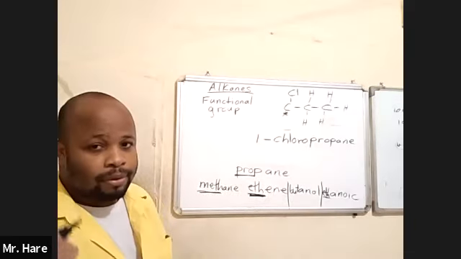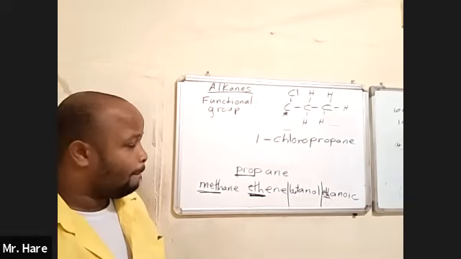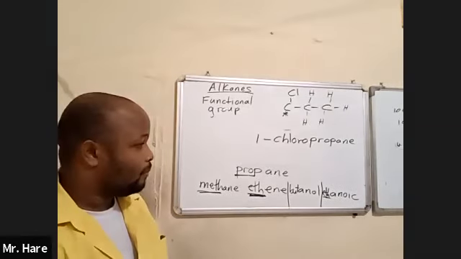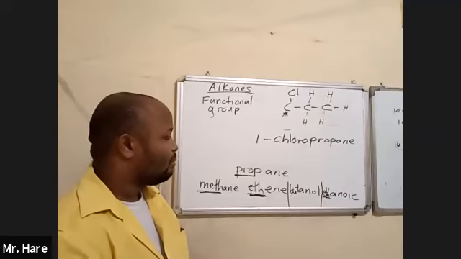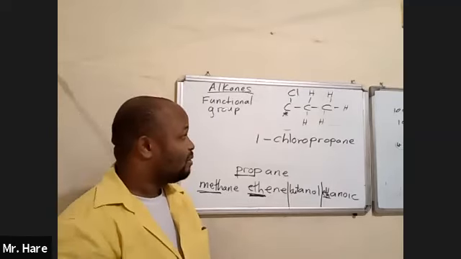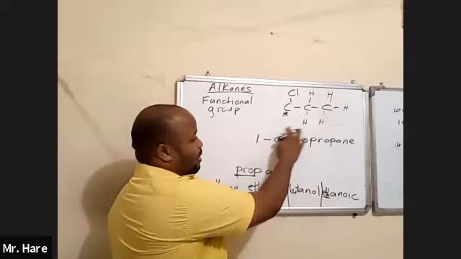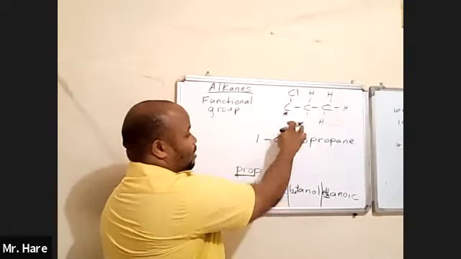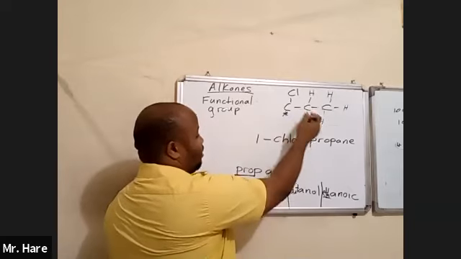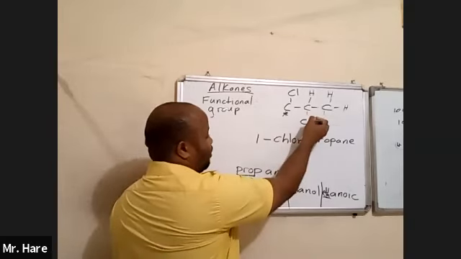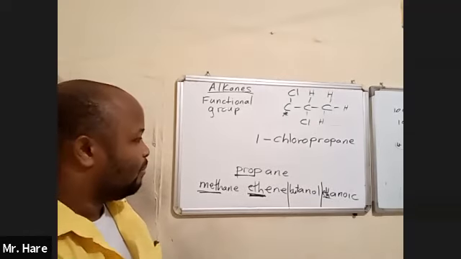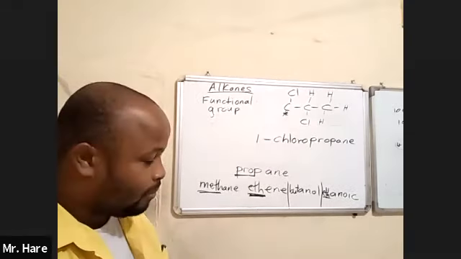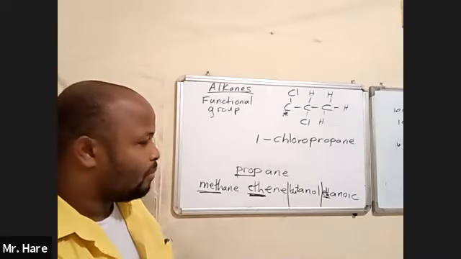Sir, for the exam, will they ask us to draw more than 4 chlorine atoms? Can it go up to 8? No, it won't happen. If you had the chlorine in between the carbon atoms, is that still eligible?